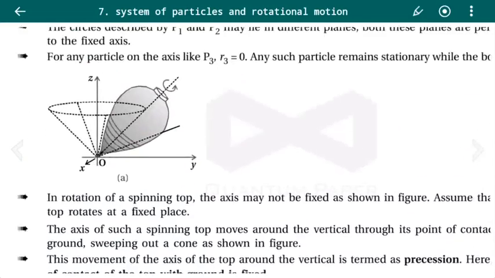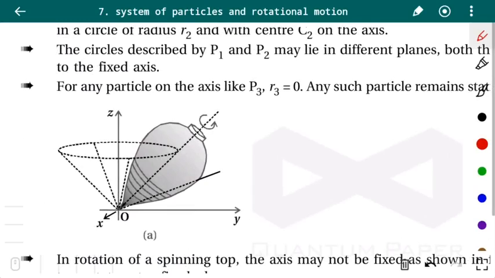So here, in the spinning of the top, the rotational axis changes. Initially we consider it vertical, so the rotational axis is along the z-axis. Then it is spinning as well as rotating, so the rotational axis changes, but this axis always passes through the common point of contact, that is, the point of contact of the top with the ground.